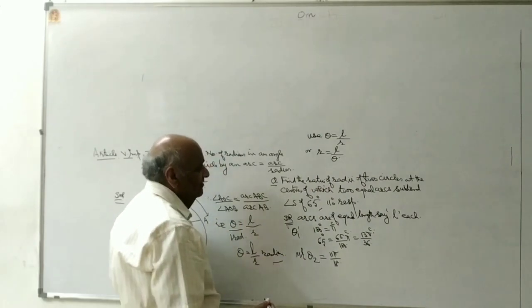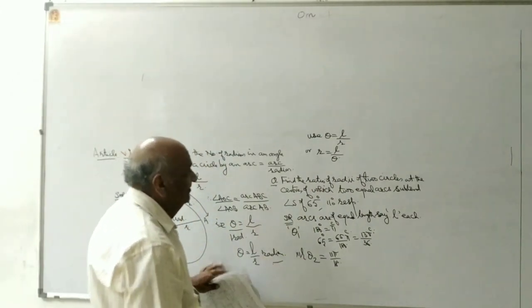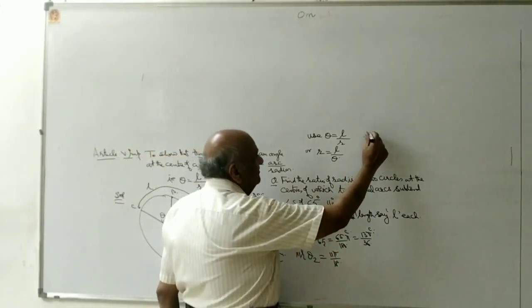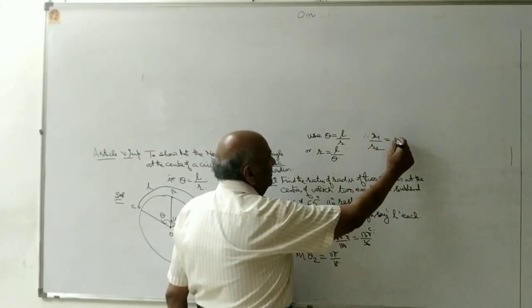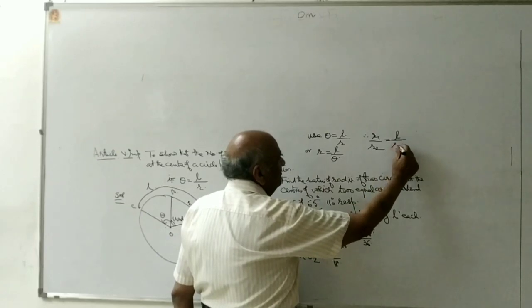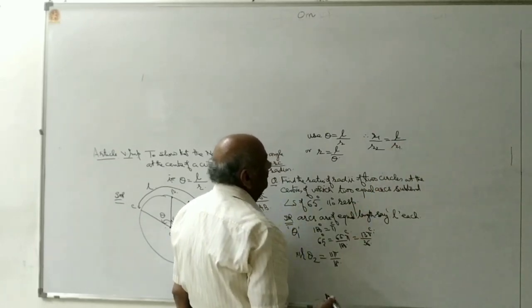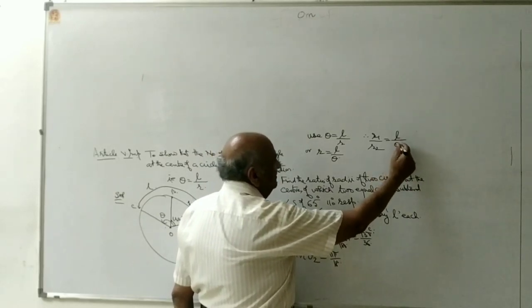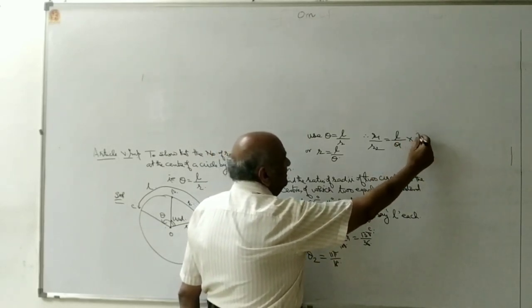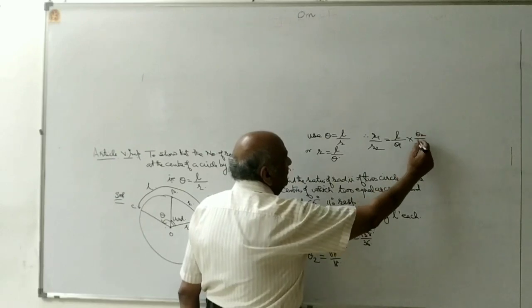This is the formula, as we have proved previously. Now here, R1 upon R2 is L upon theta 1 into theta 2 upon L.